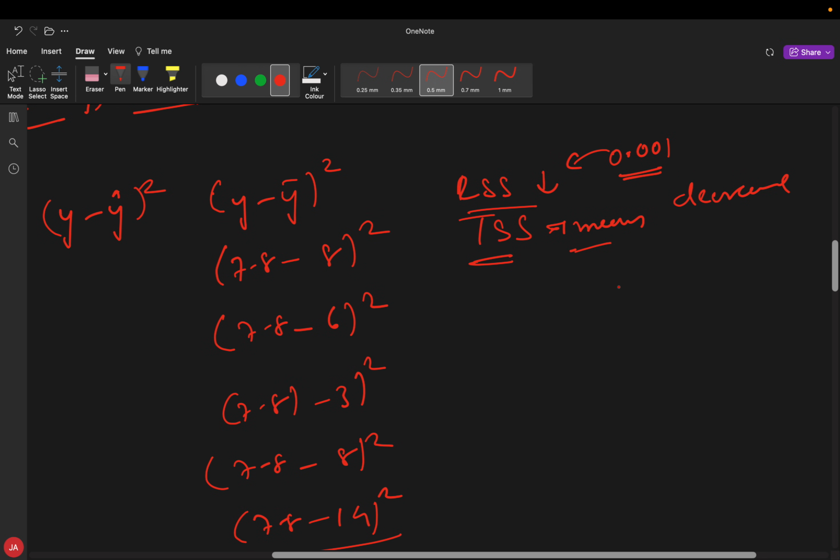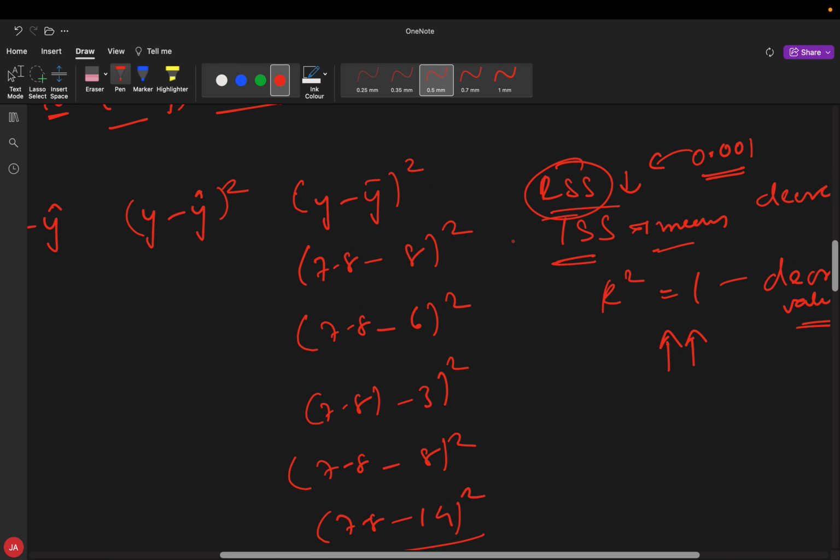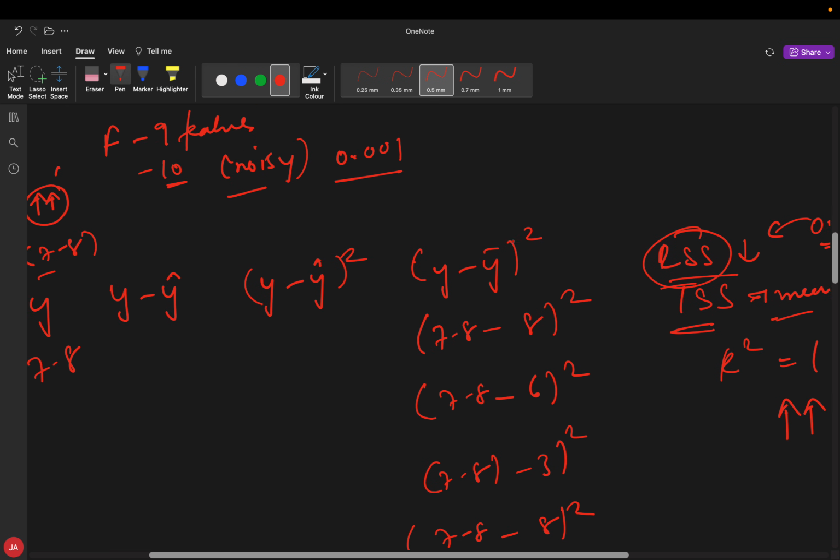And 1 minus the decreased value will be my new r square, so the r square will always increase because my RSS decreases no matter the feature signal strength, but my TSS is not dependent upon the feature, it is just computing the mean.